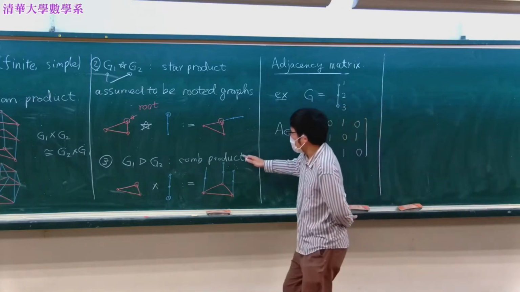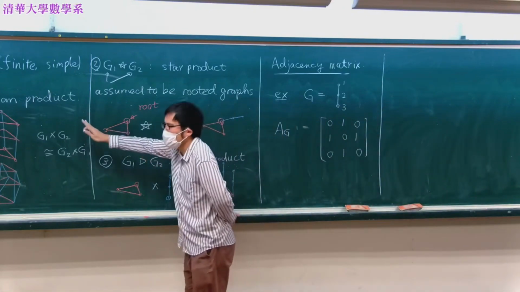So what happens for the adjacency matrix of the product of graphs?